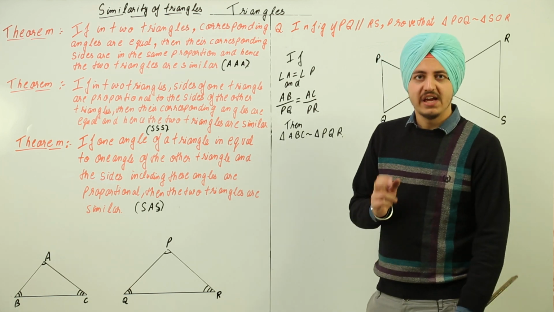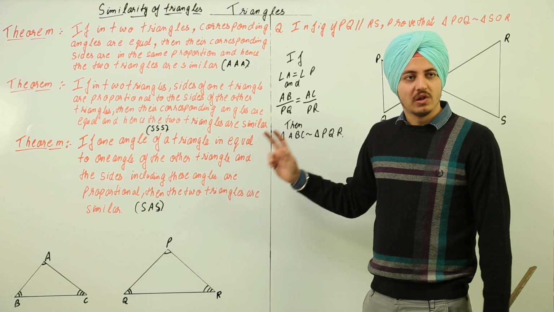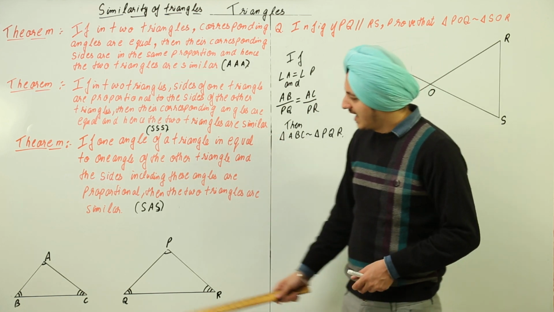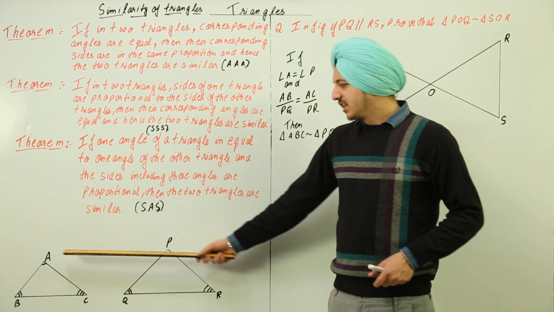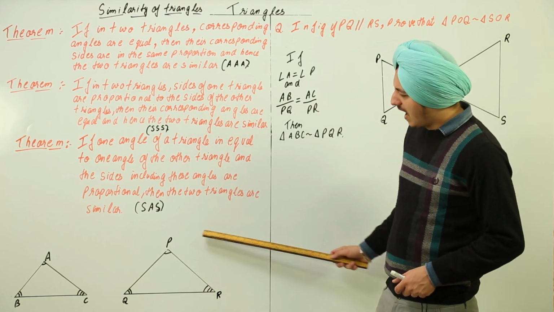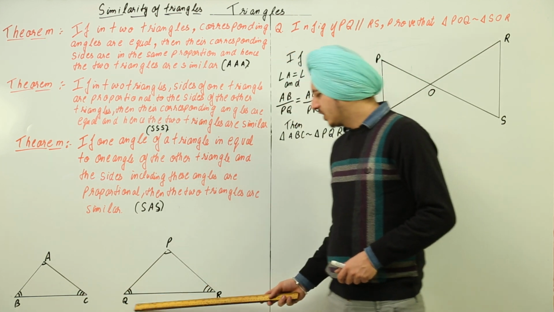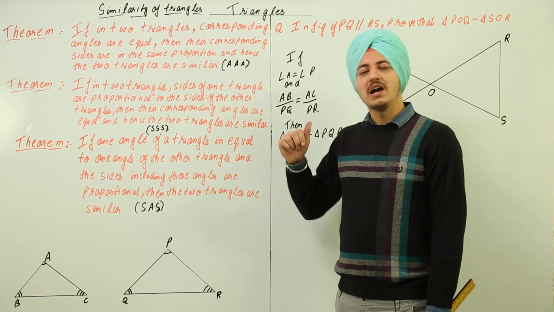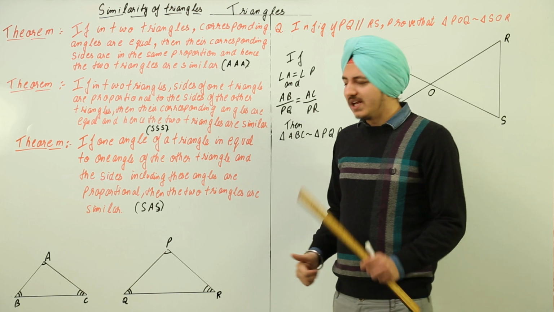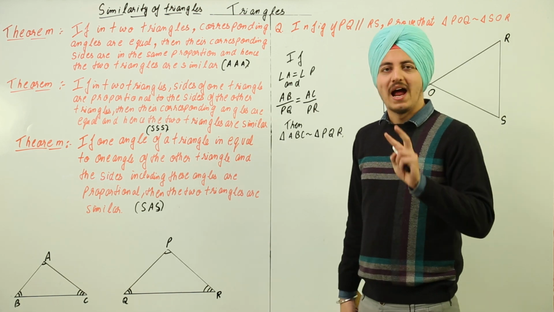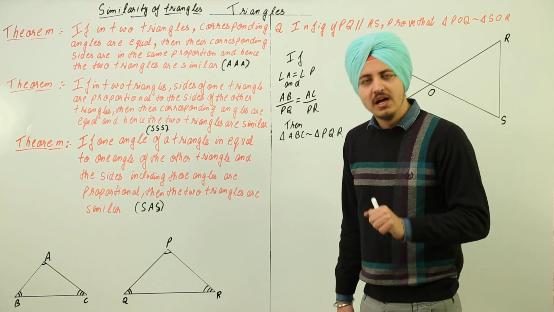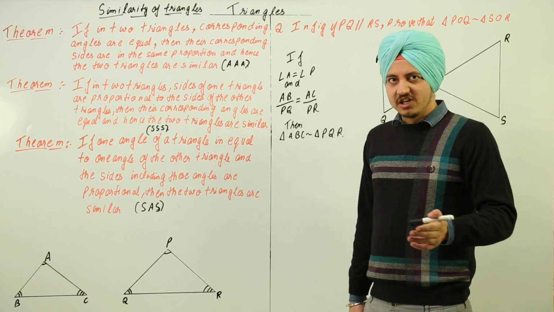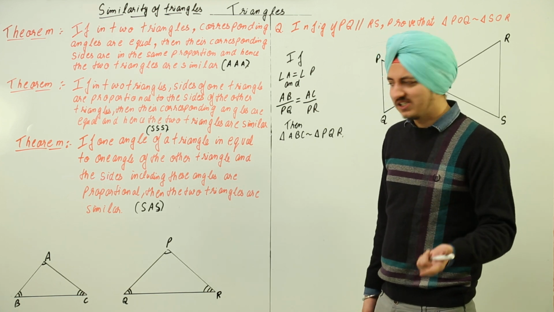The other one is if all the sides are in same proportion, like AB upon PQ is equal to AC upon PR, which is equal to BC upon QR. Then the triangles are similar, correct? The third one is if one angle is equal and the sides including that angle are in same proportion, then the two triangles are similar.